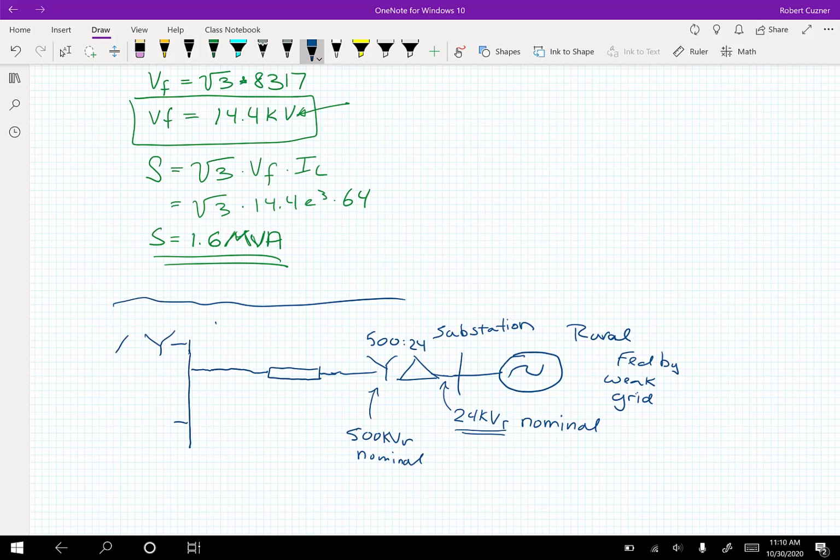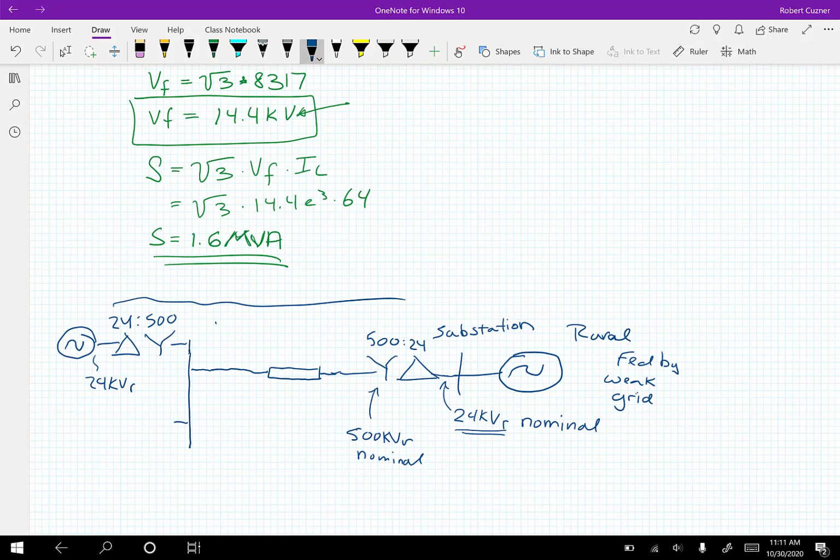There's going to be a delta Y transformer coming off of a generator, probably rated around maybe also 24 kV. That's kind of pushing the limits of what generators can do from an insulation standpoint. So you've got to go in the other direction, 24 to 500, trying to get a nice big voltage up.